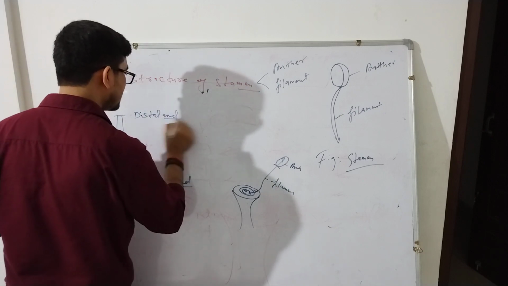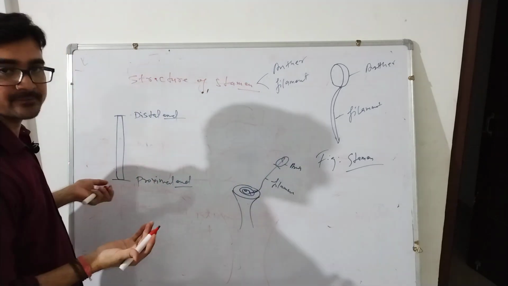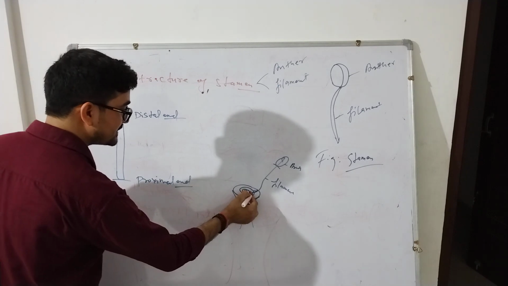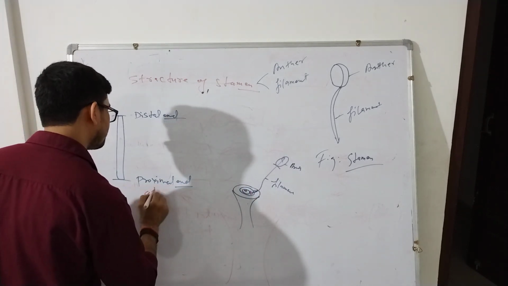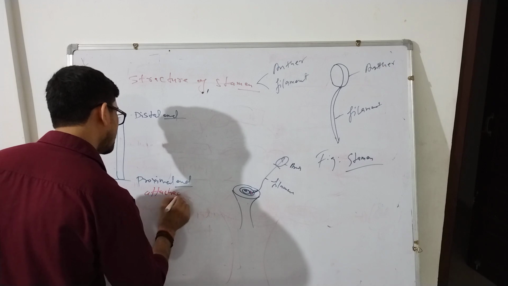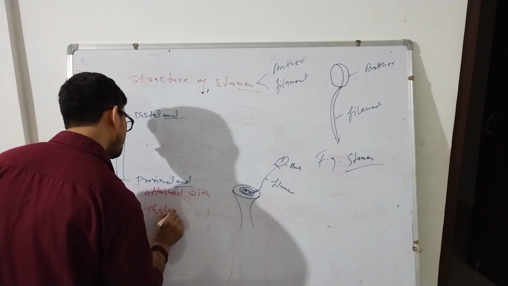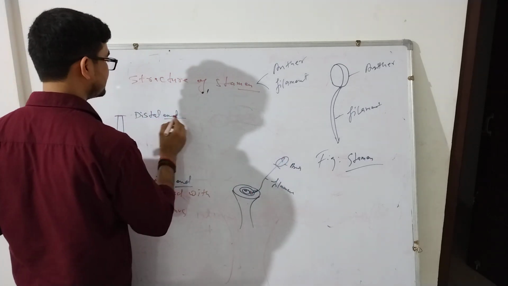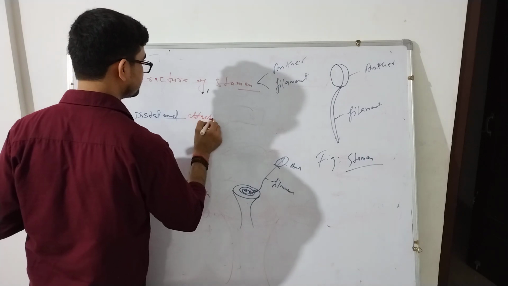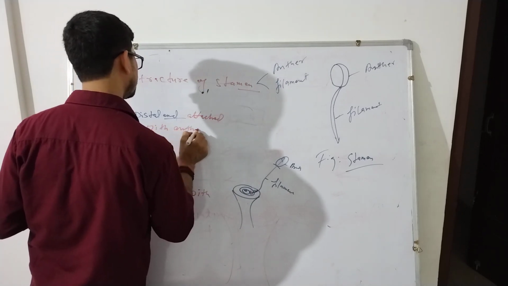The question was asked from here: the proximal end is attached to the thalamus and the distal end is attached to the anther.